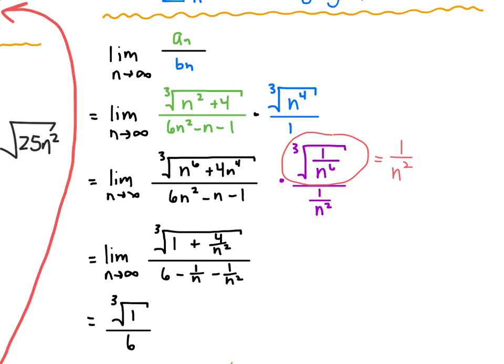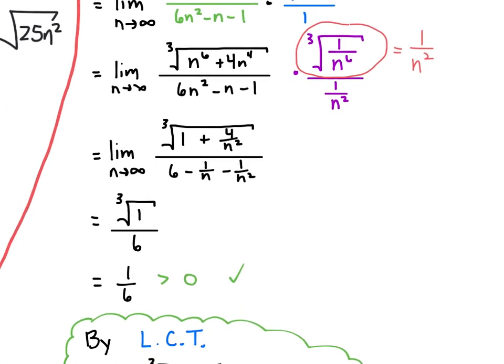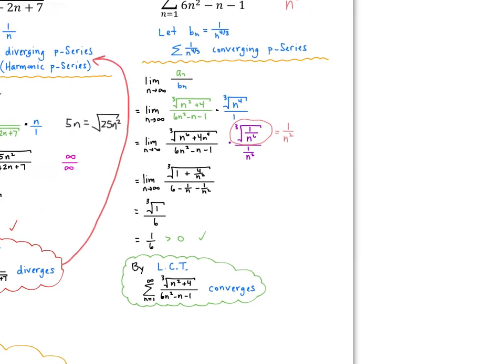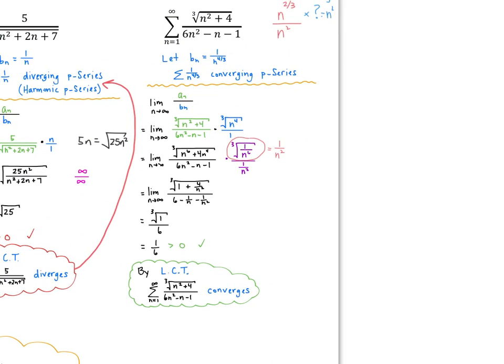Those all go to 0 as n goes to infinity. So we'll be left with the cube root of 1, which is just 1, over 6, which is greater than 0. So we can make our conclusion by the limit comparison test. This series converges because we're comparing it to a converging p series.